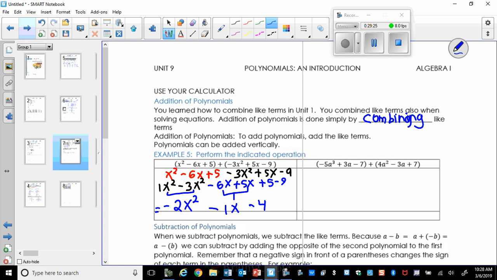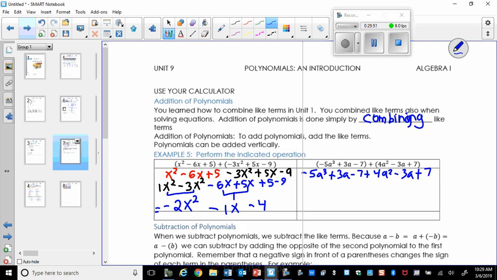Now, first step, look at the wall. It says lose the parentheses. So you should have negative 5a cubed plus 3a minus 7. What's next? Plus 4a squared minus 3a plus 7.